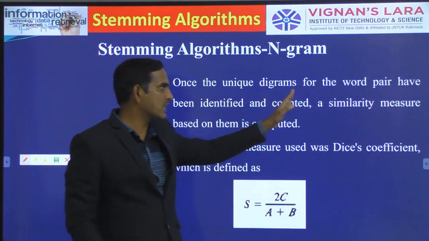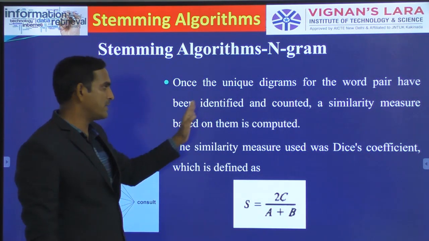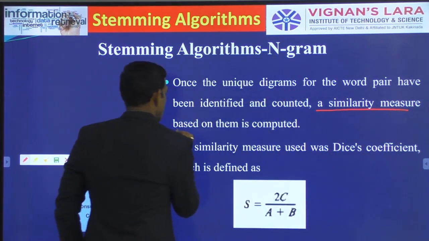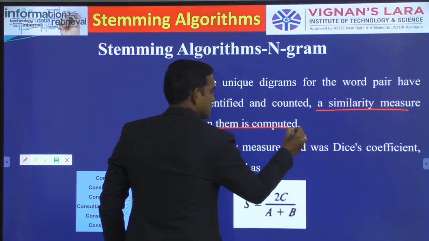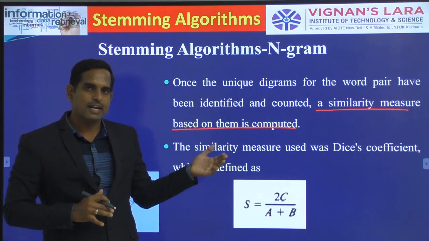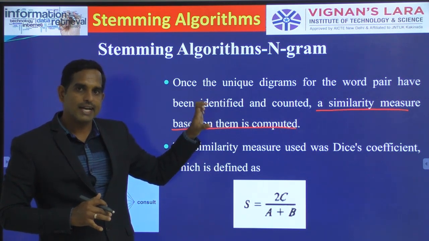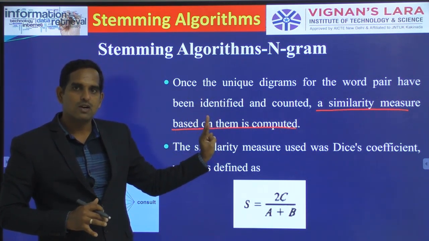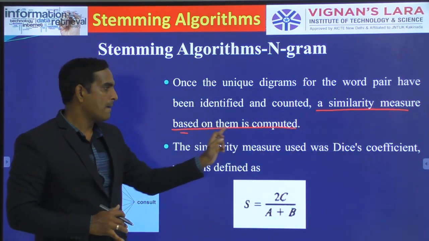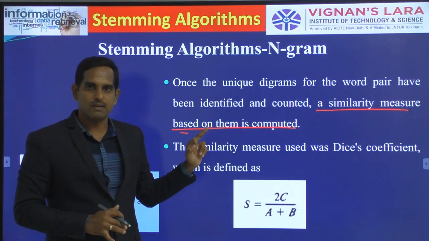Once the unique diagrams for the word pair have been identified and counted, a similarity measure based on them is computed. Once after finding the unique diagrams and the unique diagrams present in both words of the pair, we find the similarity measure based upon them.